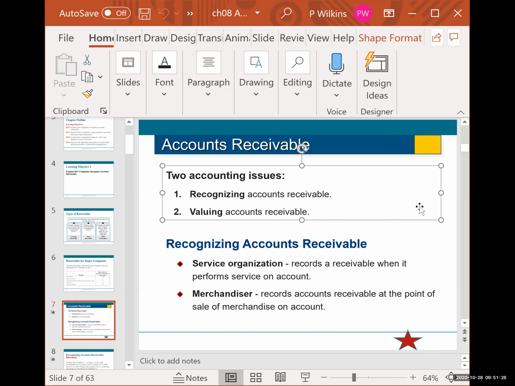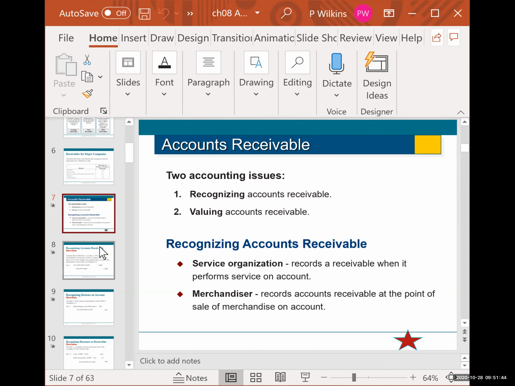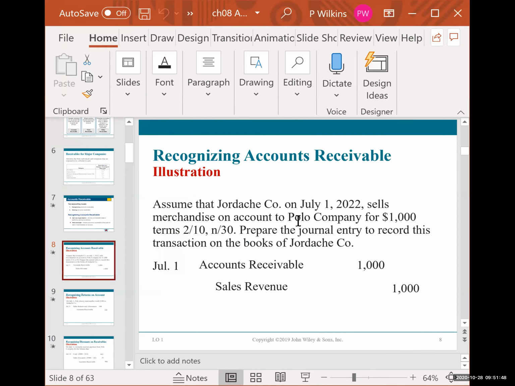How when you sell something as a merchandiser, you have to have the extra entry. Well, in this chapter, they're actually going to omit the extra entry. So you're only going to have one entry for each type in this chapter. That's not normal, but we're really just looking at the recognizing accounts receivable and not the cost of goods sold and all that part. So here's an example for us.